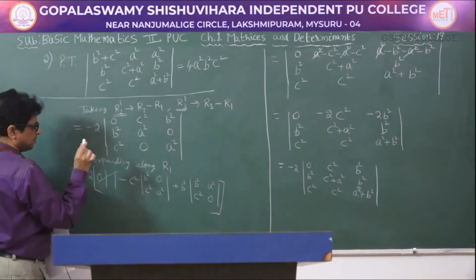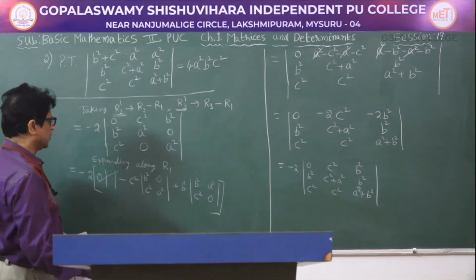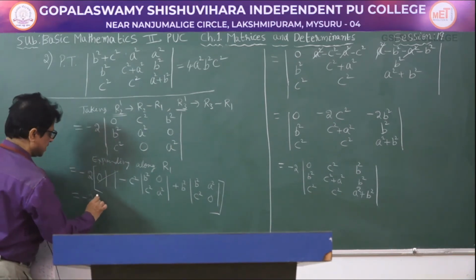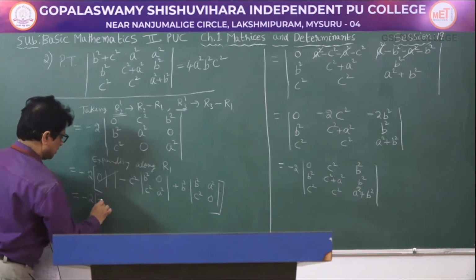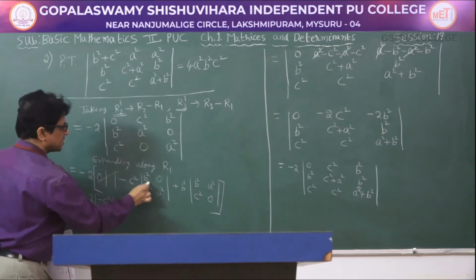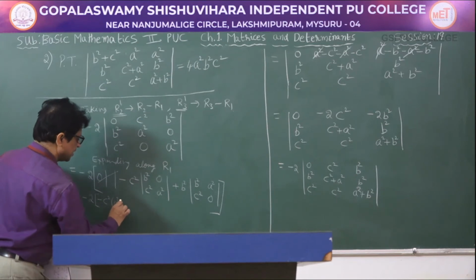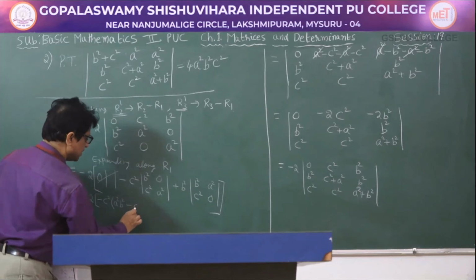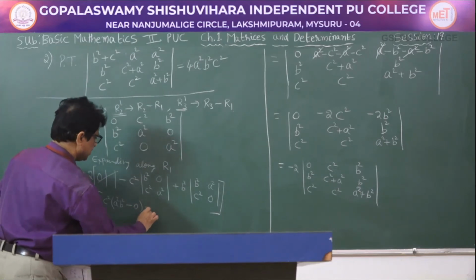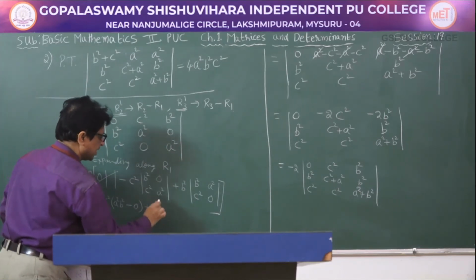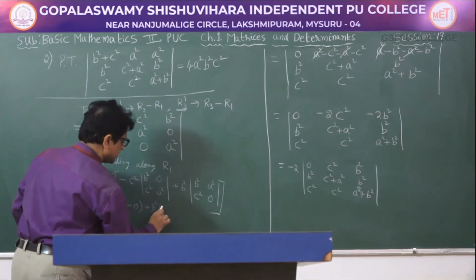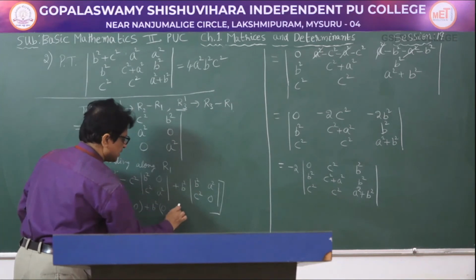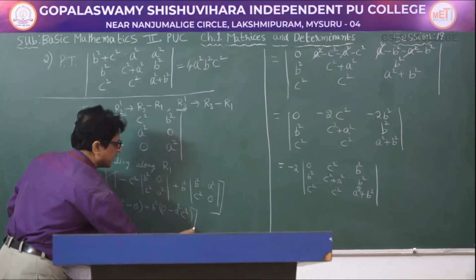So 0 into anything will become 0. So that will be equal to minus 2 times minus c square into b square into a square is a square b square, minus c square into 0 is 0, plus b square into 0 is 0, minus c square into a square is a square c square.